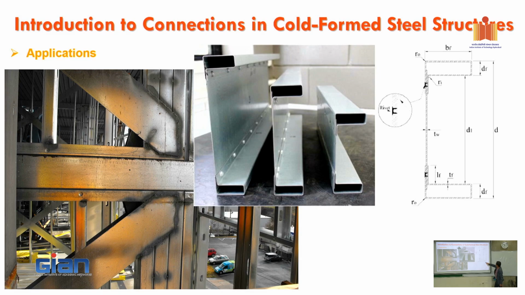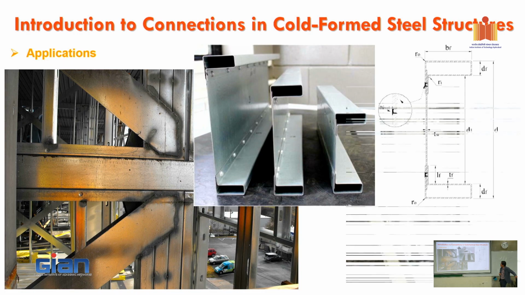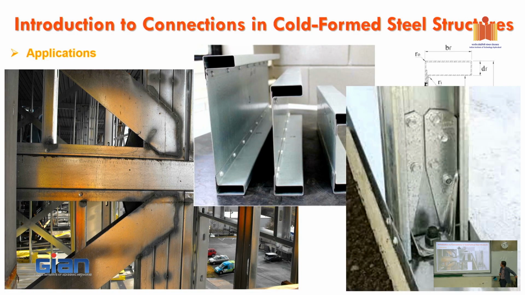So this is the rivet. They clamp that, they screw together top and bottom flange. That's the other idea. However, I'm not sure that is common now in practicality, but it's a way that we can use for cold form steel. All right, so that is interesting as well.